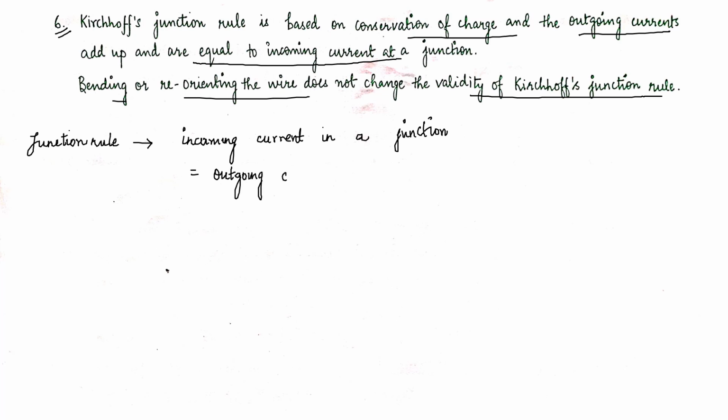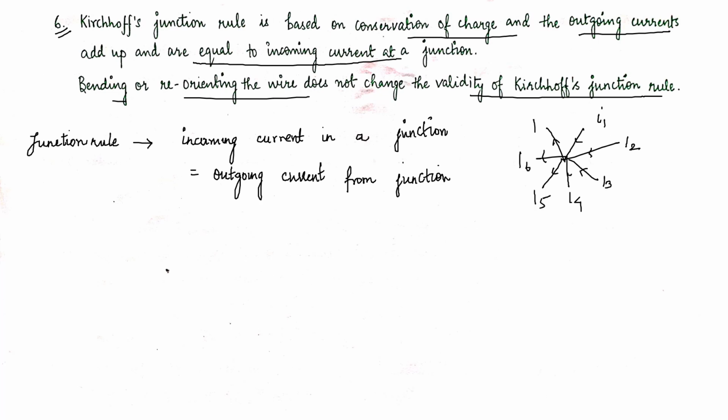Outgoing current from the junction. Okay, so if I make a junction like this, and these are the currents coming inside and these are going outside, then I'll name them I1, I2, I3, I4, I5, I6 and I7.